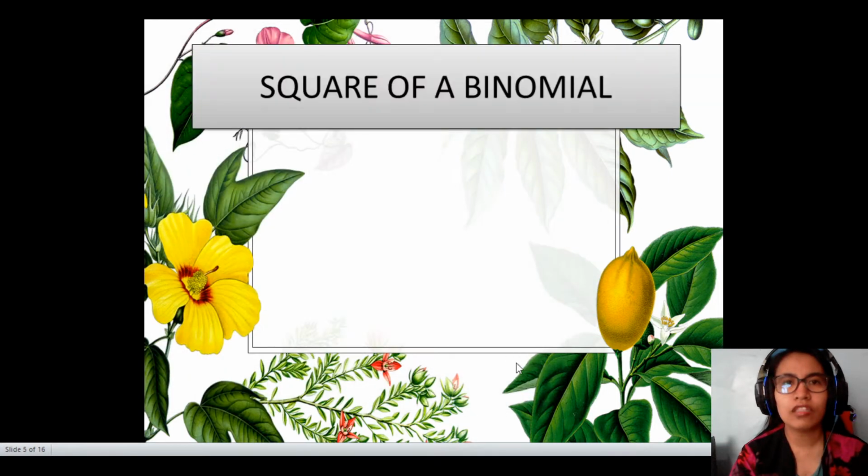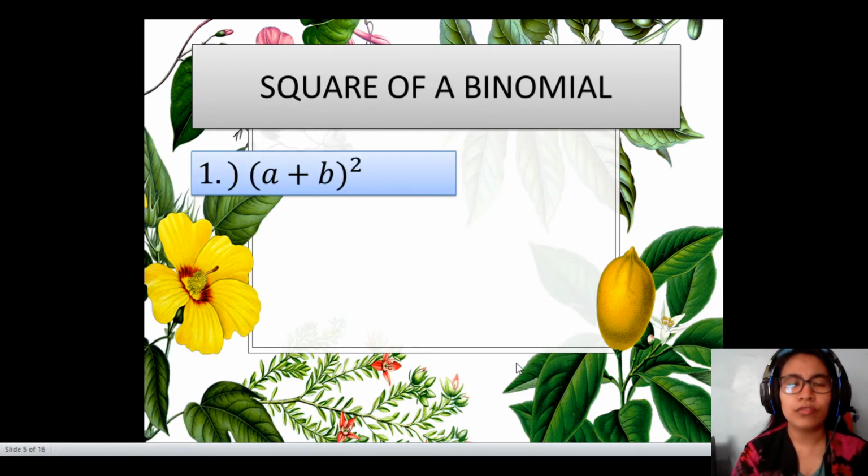So let us start with square of a binomial. So for the first example, we have quantity a plus b is squared. So the first thing you need to do there is to square this. We can call it as the first term. Square the first term, which is a.